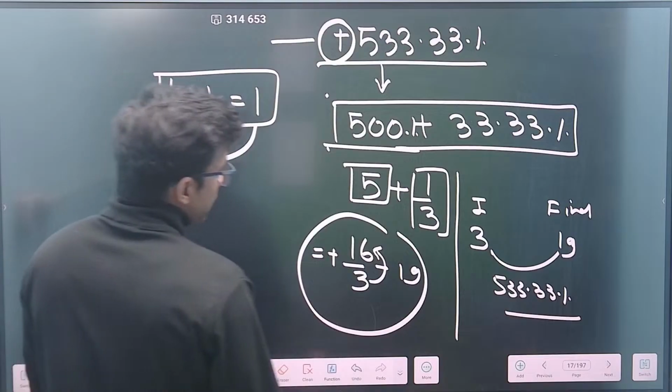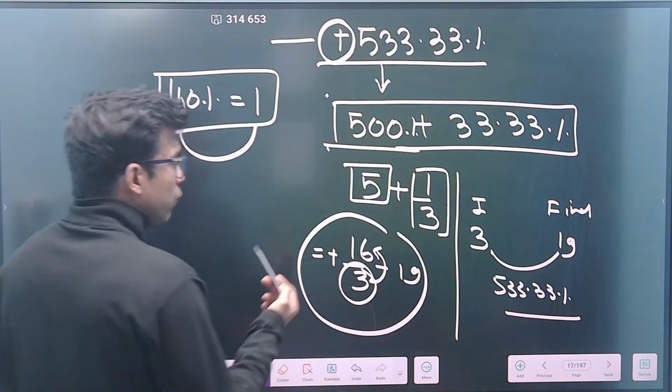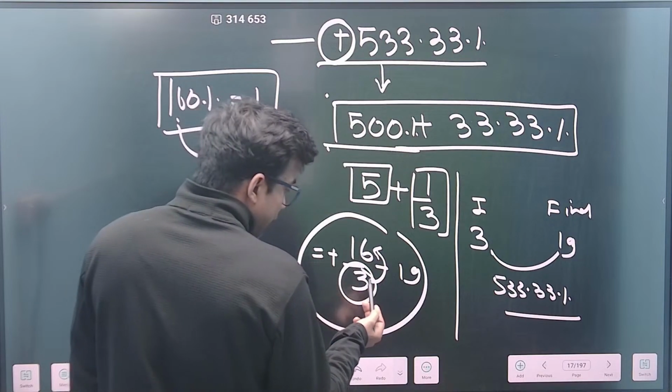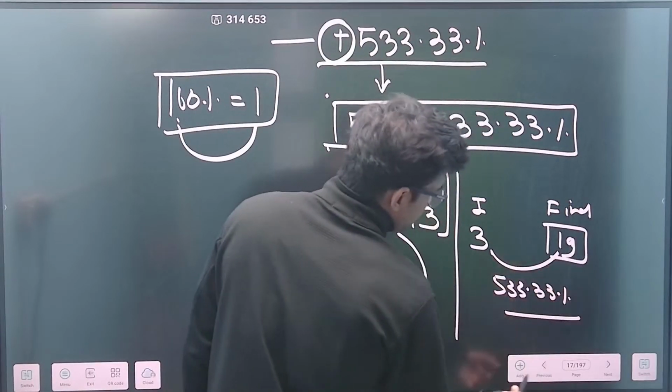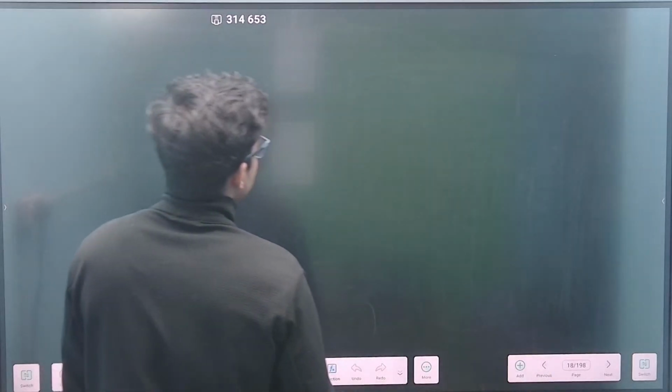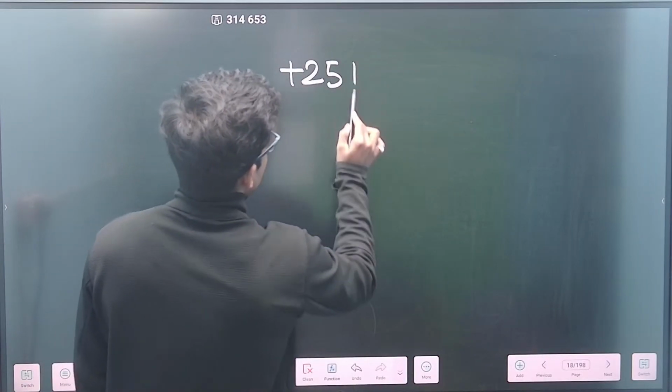It means my initial value is 3 and the final value would become, when I add 3 plus 16, 19. Correct?